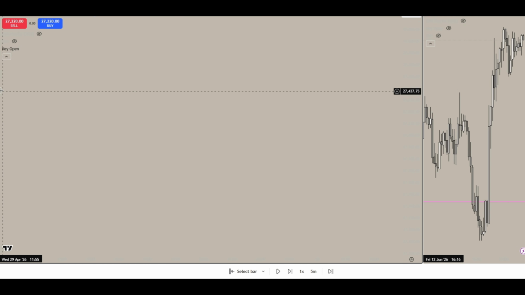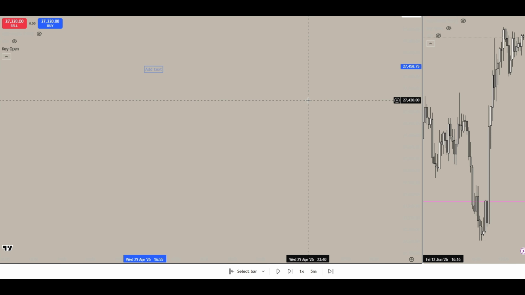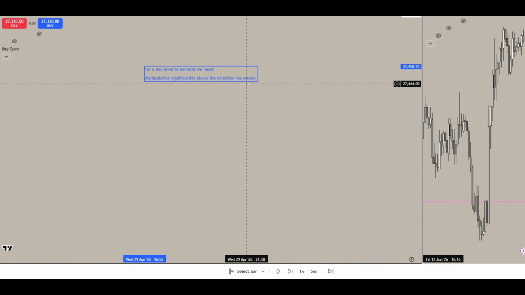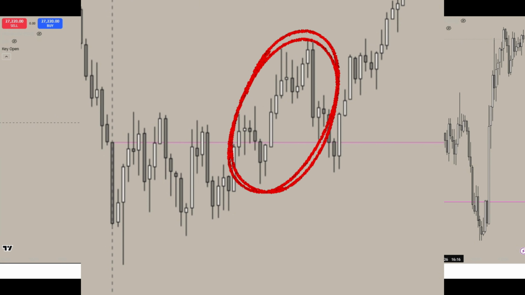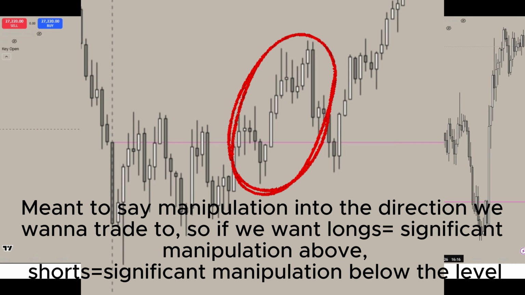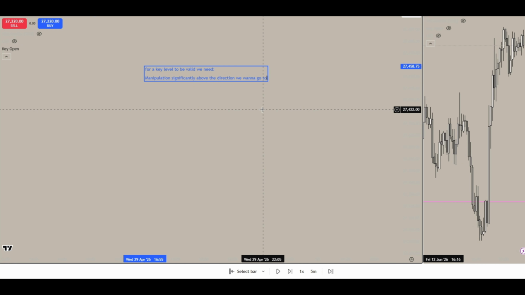So I'm going to sum it up for you guys so you can have an overview of what is actually important. For a key level to be valid, we need manipulation significantly above, in the direction we want to go to. This is the example where I showed you that we need manipulation, especially above the level we want to go to, so we have a range that we can retrace in, that we can use our OTE in, to find more precise entries and get the best possible entry.